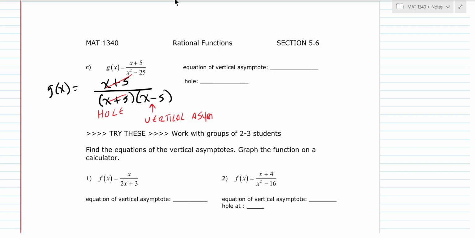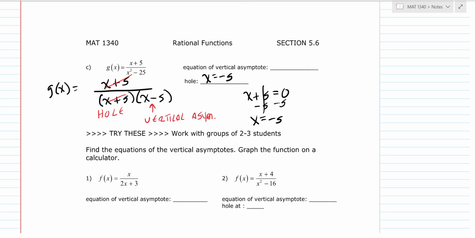Okay, so you're not going to have 2 vertical asymptotes on this. The one that's left over is going to give you that vertical asymptote. So if you take x plus 5 equals 0 and solve that equation, which you can do in your head, you get your hole at x equals -5. That's not a vertical asymptote because it was removed, it canceled out.